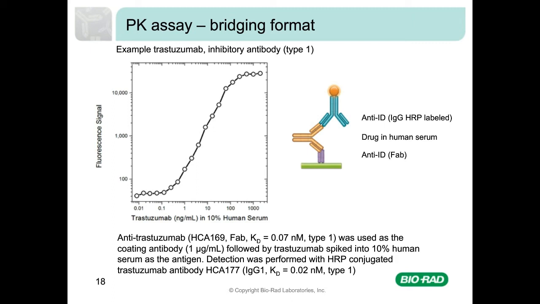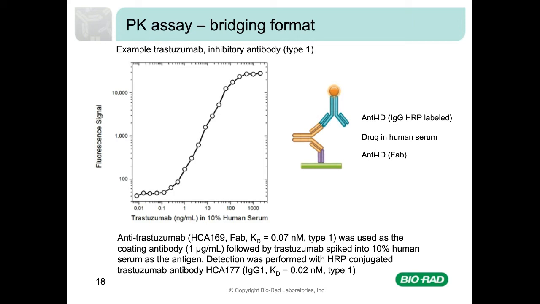Detection was performed with HRP conjugated trastuzumab antibody HCA177, also a type 1 antibody, and this is in the HIgG1 format and has a KD of 20 picomolar. Trastuzumab can be detected down to the few hundred picogram per milliliter range in 10% human serum.